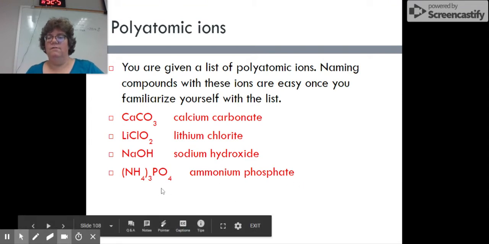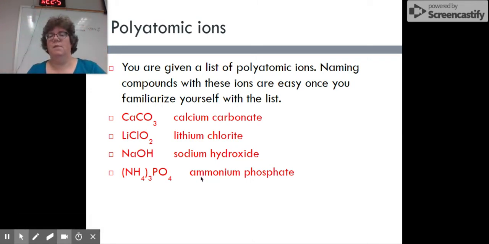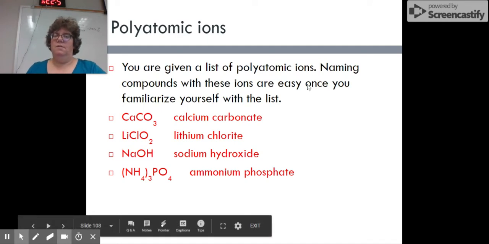This one's a little bit different. You see how there's four elements. The ammonium, it is also a polyatomic ion. It came from the chart. And then the phosphate also came from the chart. So for this one, both of these polyatomic ions are right in table E. You can look them up, and that's how you write down the names.